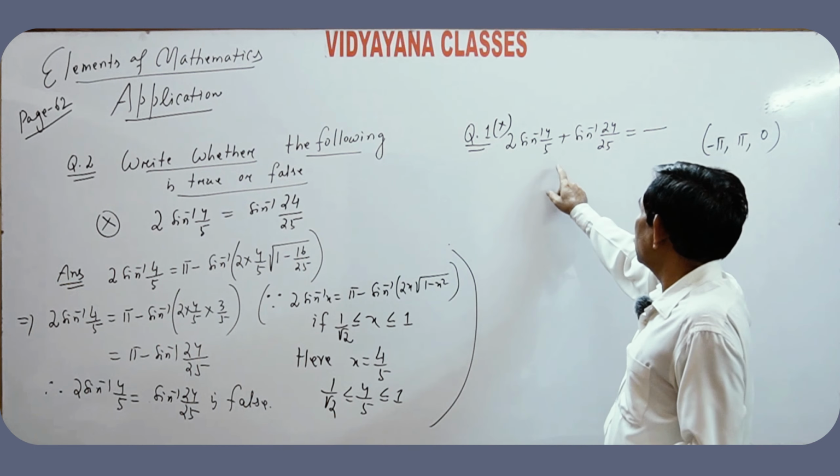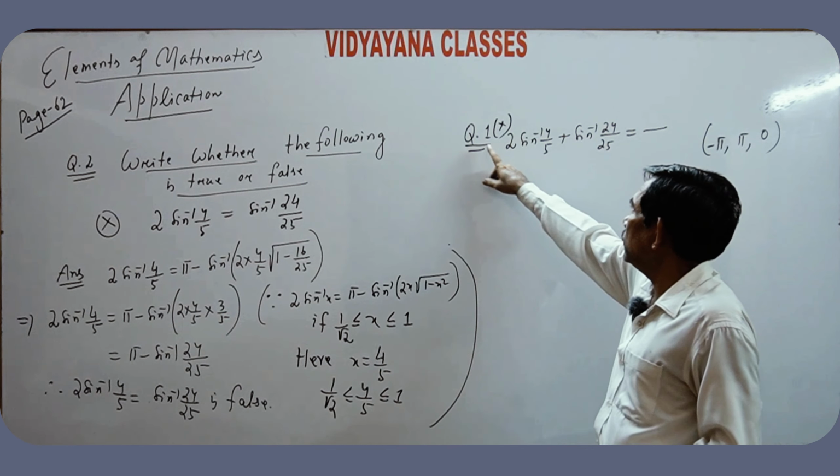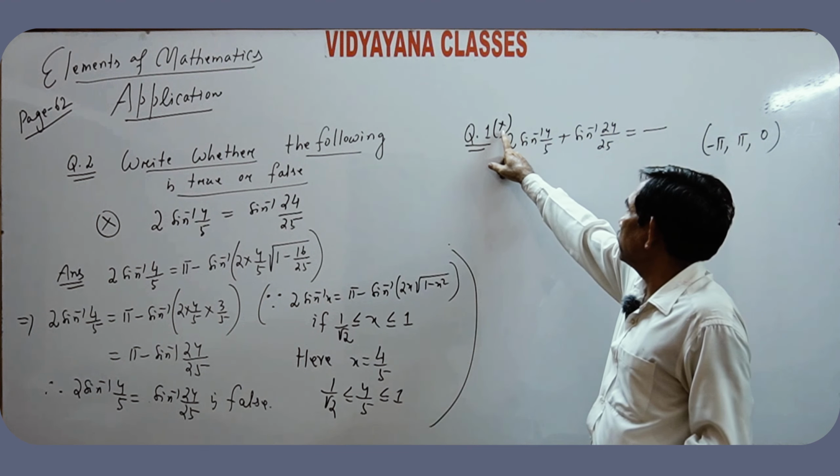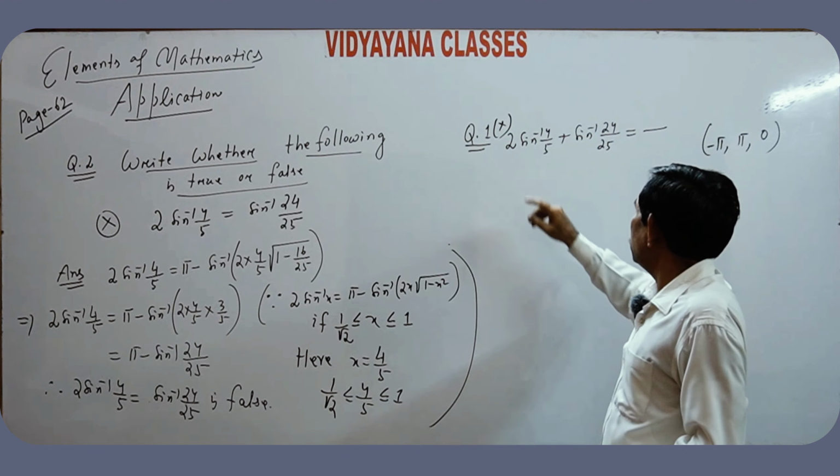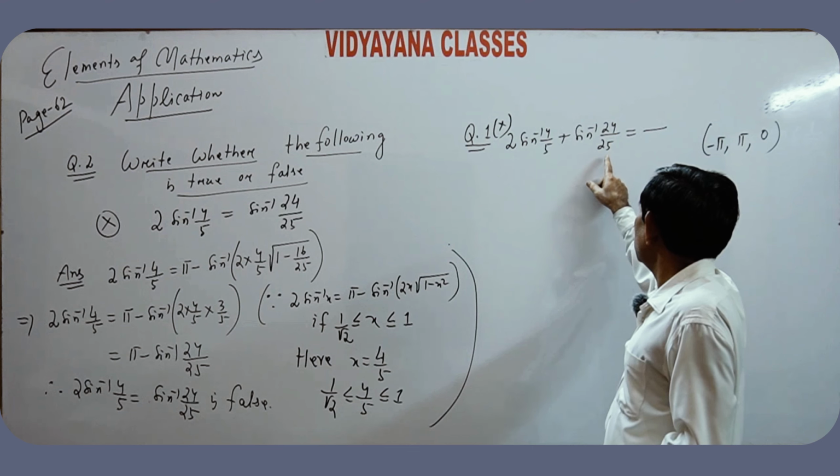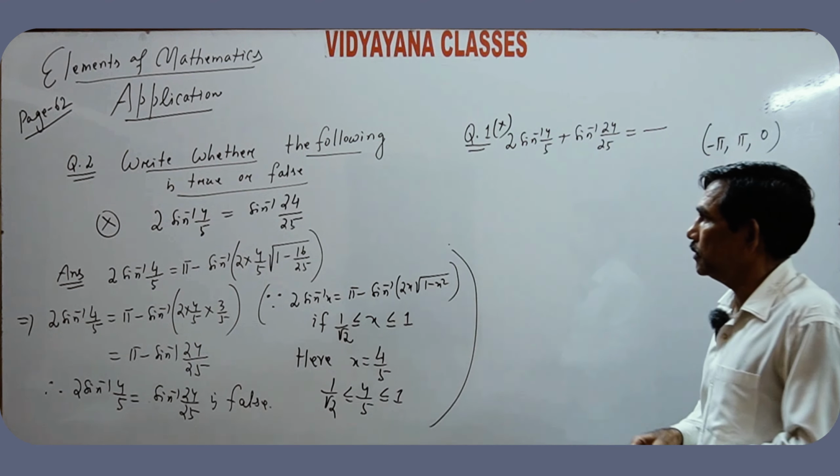Its application, question number 1. In question number 1, 2 sin inverse 4 by 5 plus sin inverse 24 by 25 is equal to dash.